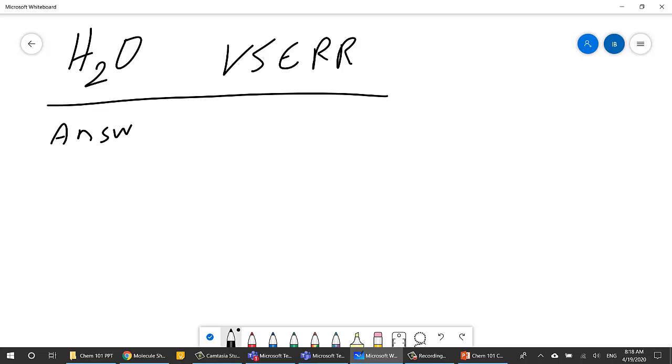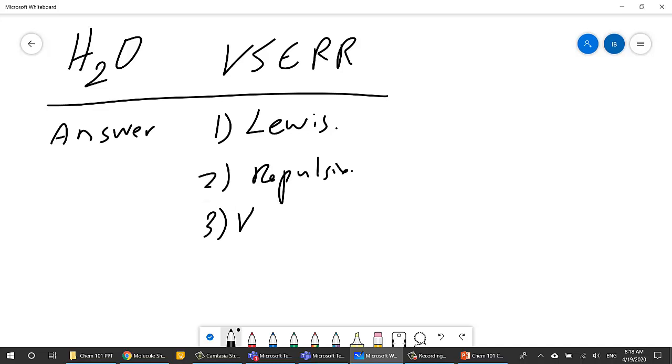The first step of drawing a VSEPR is you have to draw the Lewis structure first. The second step is you think about the repulsion of electron pairs, and then you go to VSEPR.